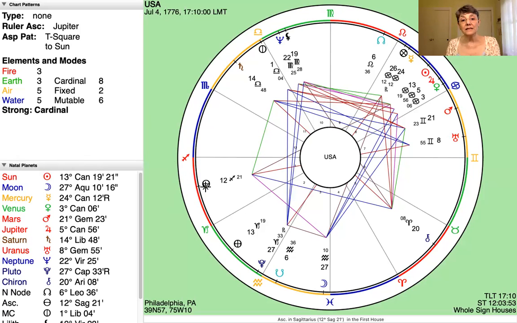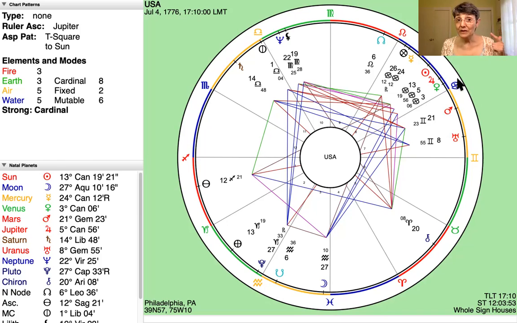So the ascendant is 12 degrees 21, and remember that, because I will show you the previous chart with the ascendant here, so you see more clearly the transits. So Pluto is in the 2nd house, the moon in the 3rd with the south node, and see all the planets in Cancer, right? It's Venus, Jupiter, the sun, and Mercury. So 4 planets, a stellium in Cancer, which makes the country a lot of Cancer, right?